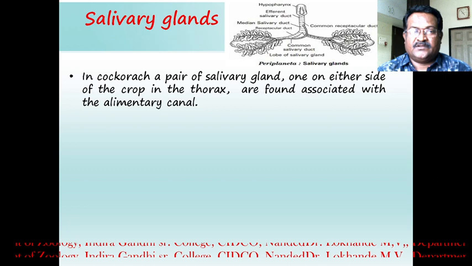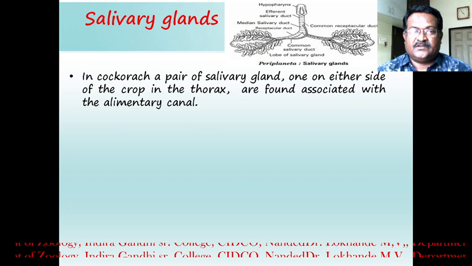Each gland has two glandular portions and a bag-like diverticulum in which saliva is stored. The ducts of the glandular portions on the two sides unite to form a common salivary duct.